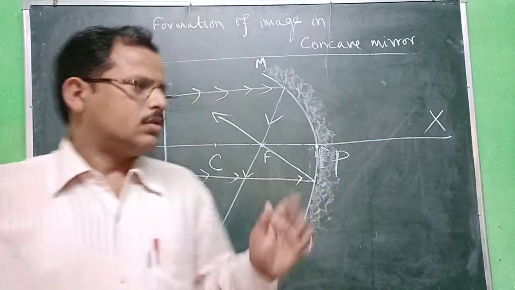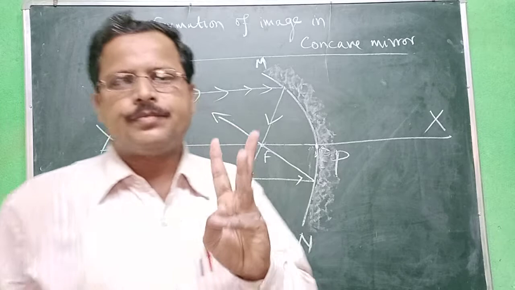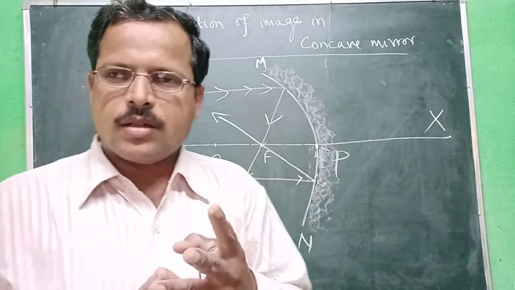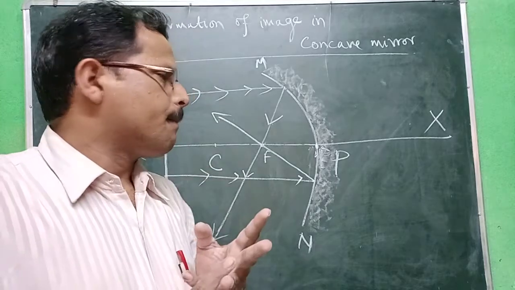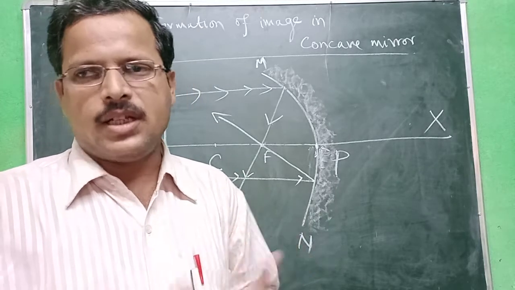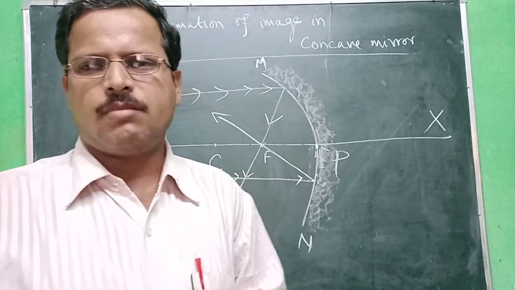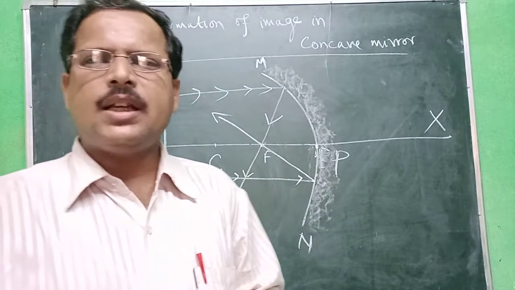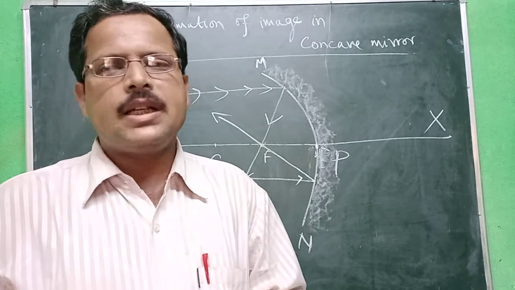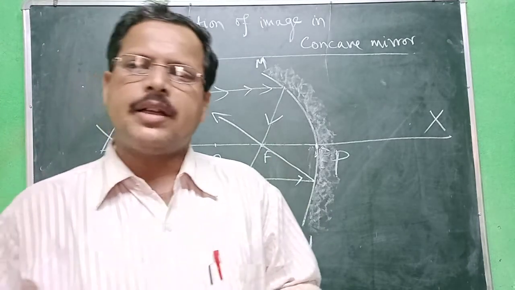Okay, so the three points are clear here. When the object is placed at infinity, the image produced is very small, HD, highly diminished, point sized, and it is real and inverted.